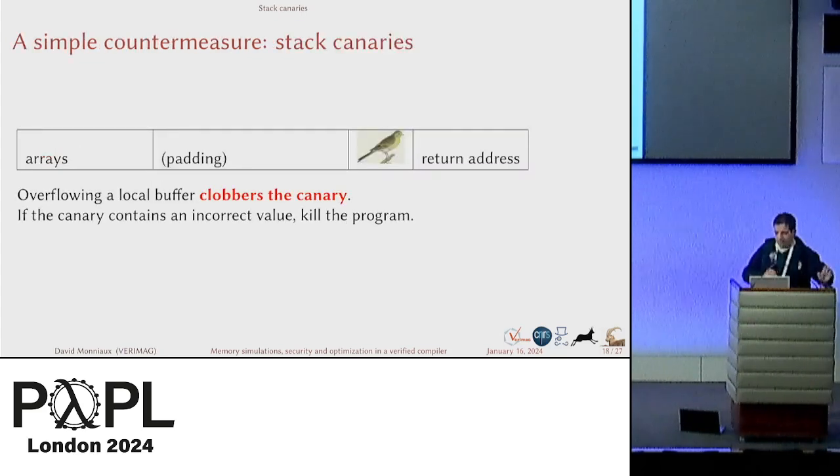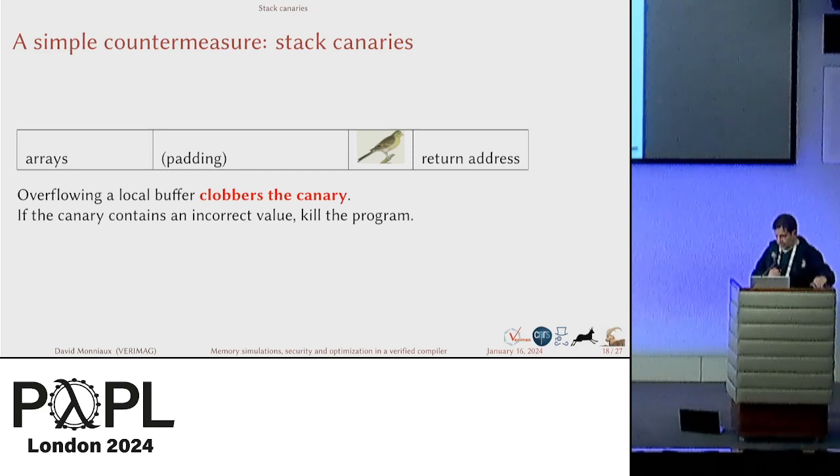So there is another very simple countermeasure that you can insert at compile time, which is called a stack canary. So what you do is that before the return address, you put a kind of value. You take a random value and start executing the program.